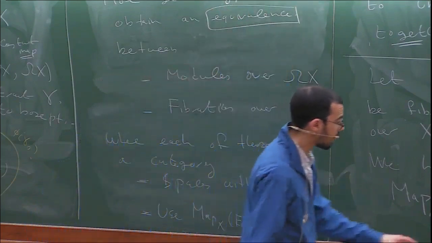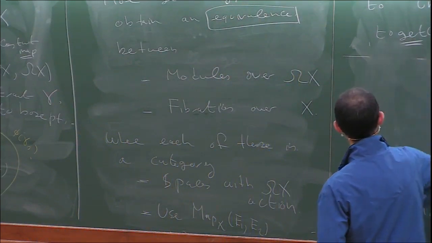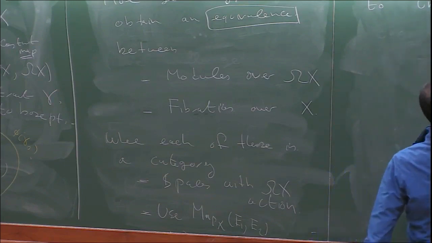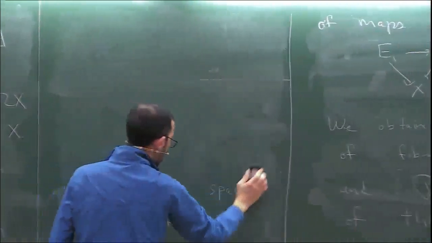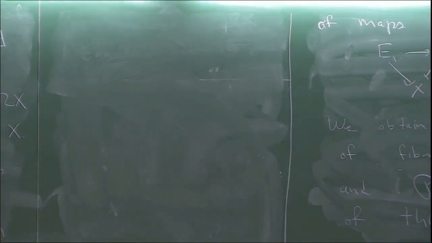It doesn't mean that these categories are isomorphic. That's very unreasonable for the kind of setting we're in. What it means is there is a functor that induces a homotopy equivalence on morphisms. All spaces have the homotopy type of CW complexes, so we can just say that.